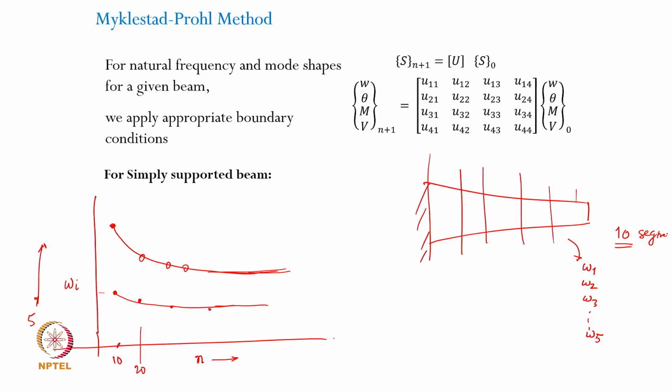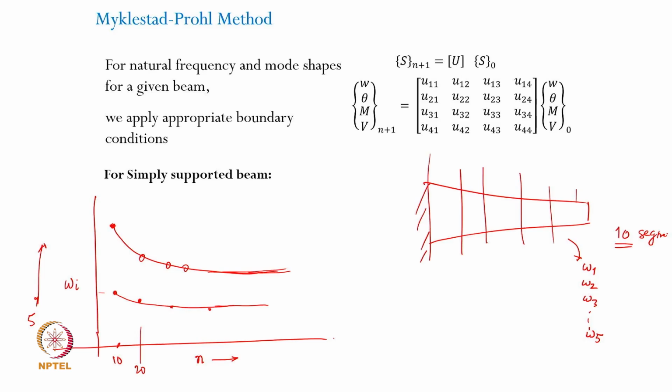You can set some tolerance value, that I will accept the discretization if the improvement in the natural frequency compared to the previous coarser discretization is not more than 1% or so.